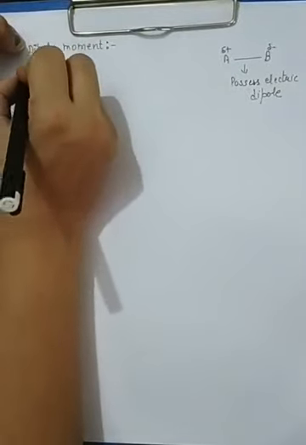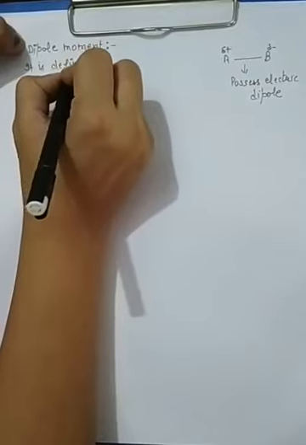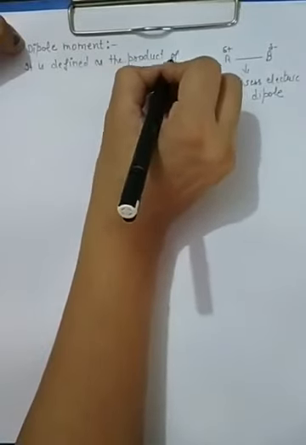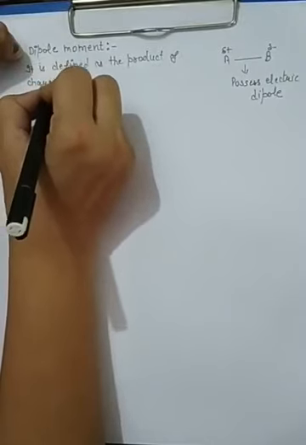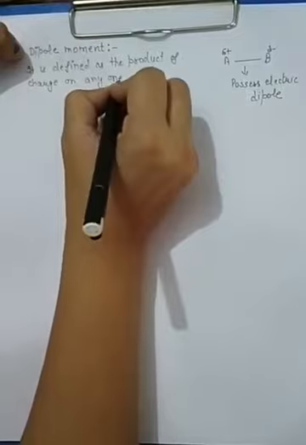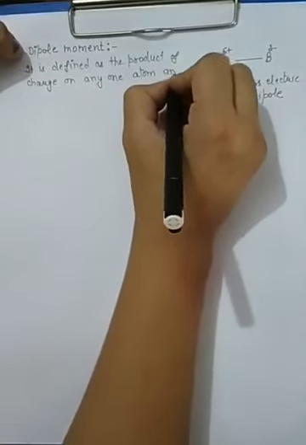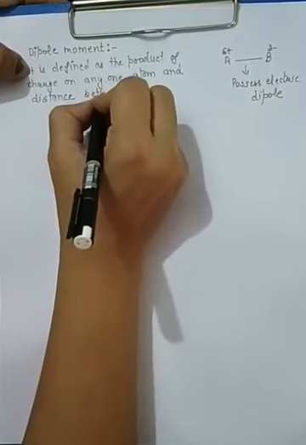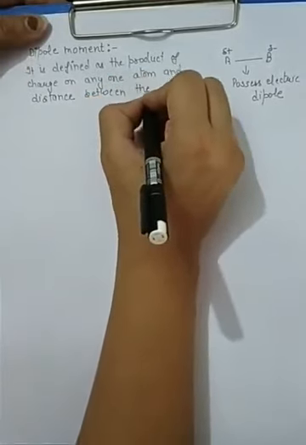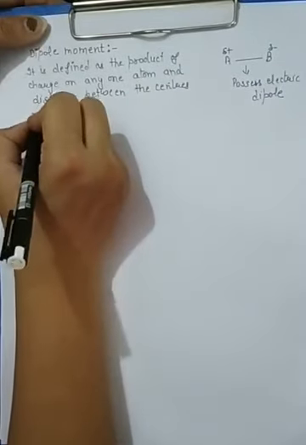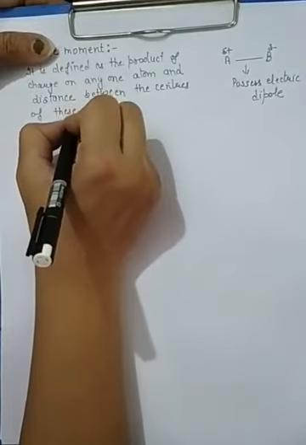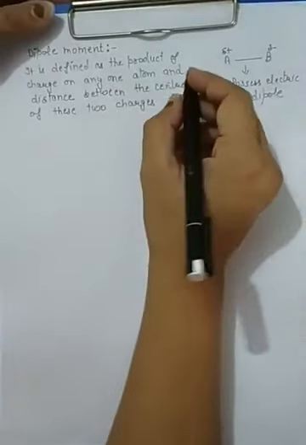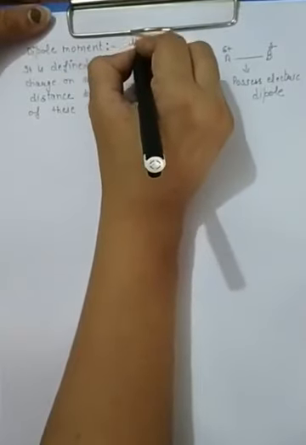So it is defined as the product of the charge on any one atom and the distance between the centers of these two charges. It is denoted as mu.